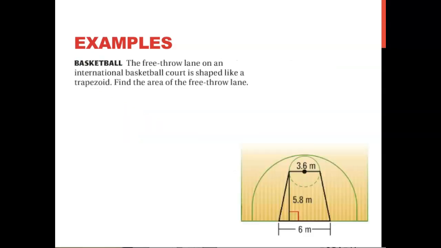Okay, in our next example, the free throw lane on an international basketball court is shaped like a trapezoid. Find the area of the free throw lane. So remember, the area of a trapezoid is 1/2 times the height times base 1 plus base 2. The bases are the sides that are parallel to each other.